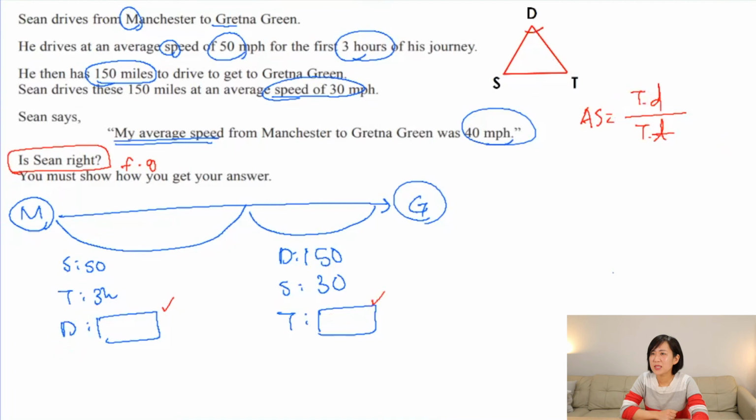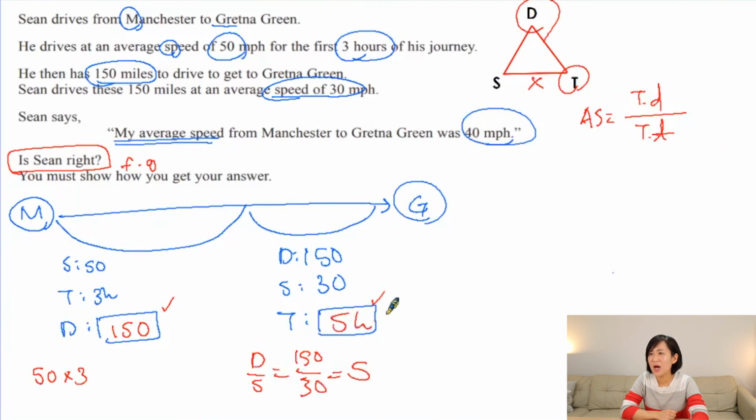Distance is speed times time. So 50 times 3 hours, that is 150 miles. Then time is distance divided by speed. So 150 divided by 30, we can see it takes 5 hours. Now we can calculate our average speed.